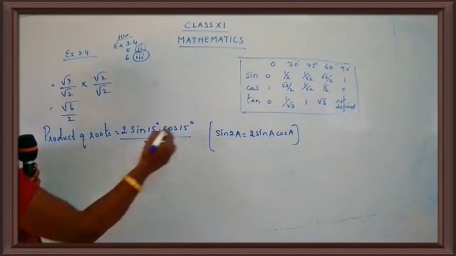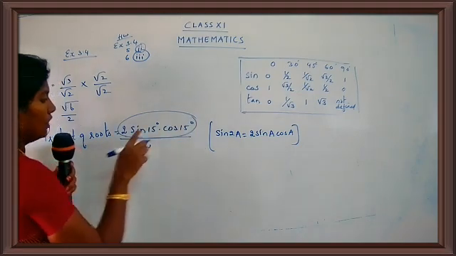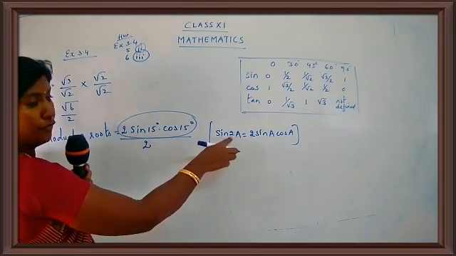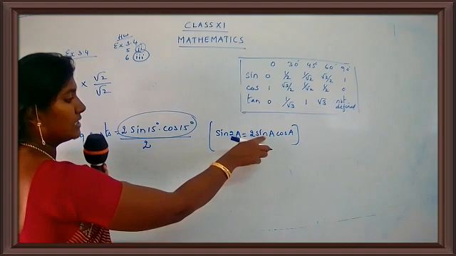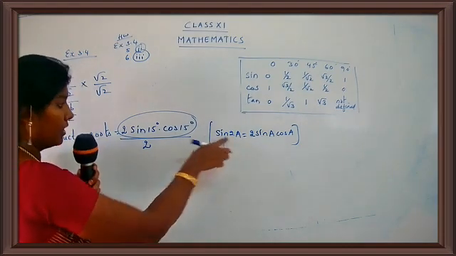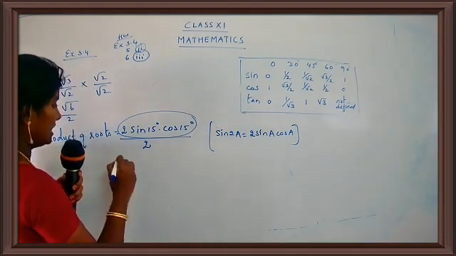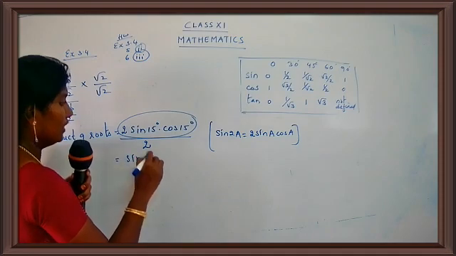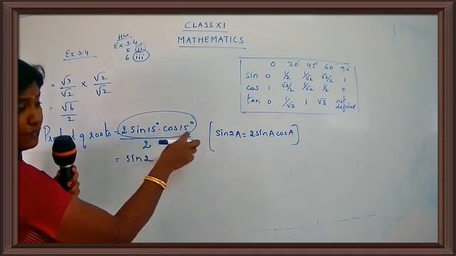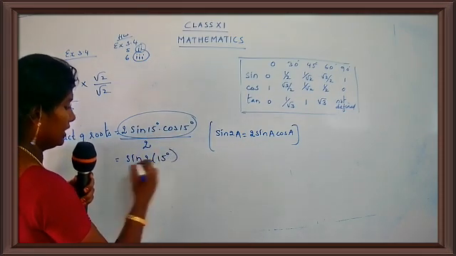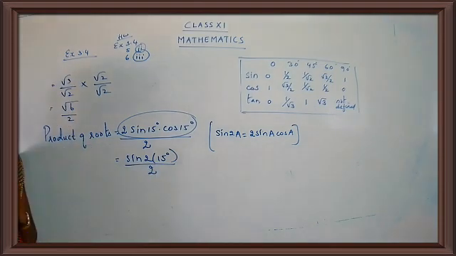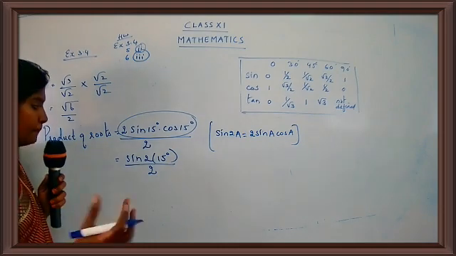So now what is the numerator part? You get the numerator as sine of 2A. That is, 2 into sine A cos A gives you sine 2A. Now what is sine 2A? You get sine of 2 into, what is A, children? A is 15. So sine of 2 into 15 degree upon 2. What is 2 into 15? It is 30 degrees.